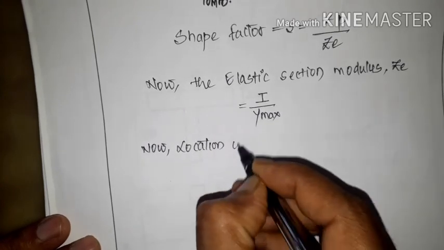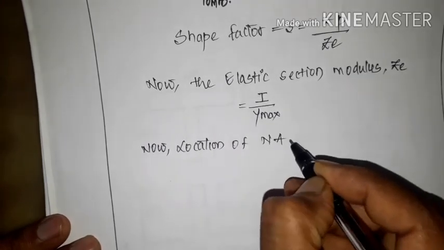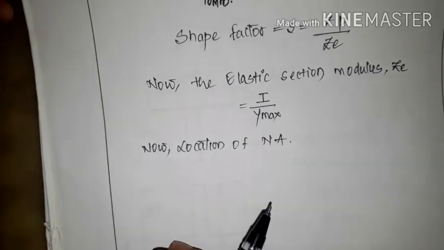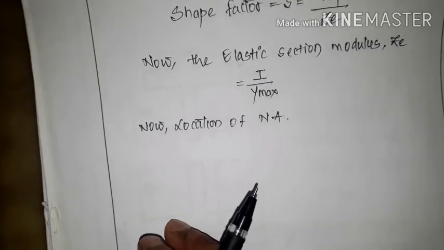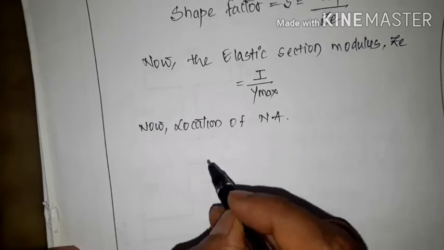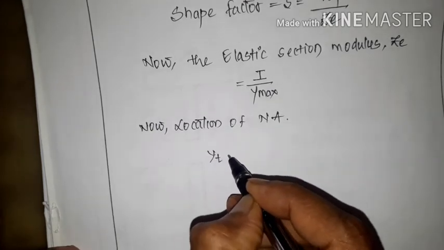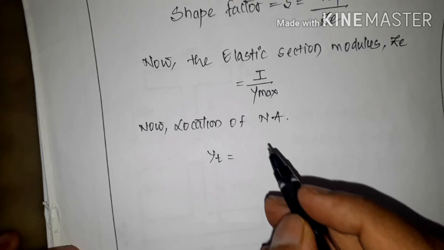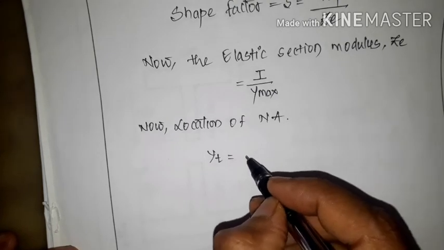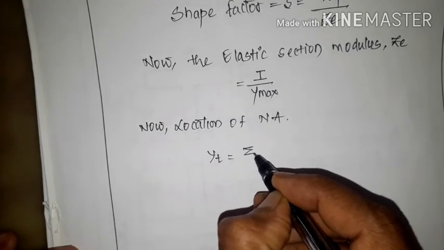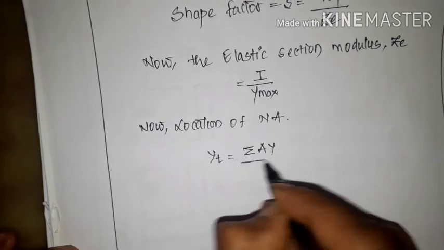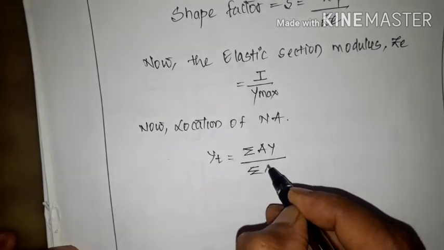So now the location of the neutral axis, we have to locate the neutral axis. For that again I will use Yt, with respect to the top fiber. So that is summation of A into Y divided by summation of area.